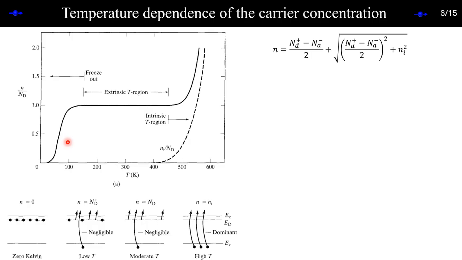The answer you already know, right? You will immediately say 10 raised to 15, but 10 raised to 15 for all temperature? It is the answer assuming all donors have donated, meaning it is fully ionized.